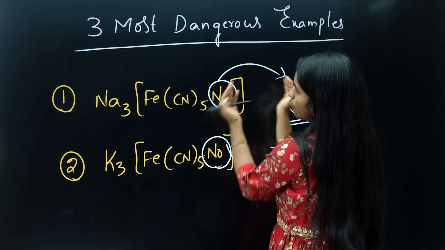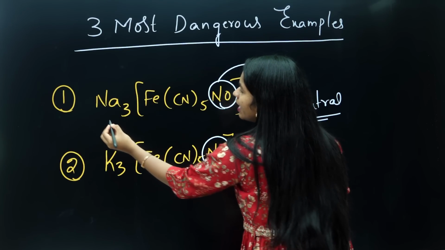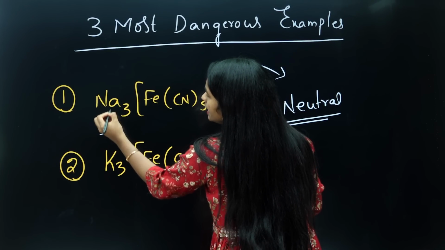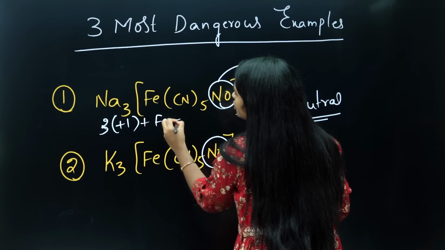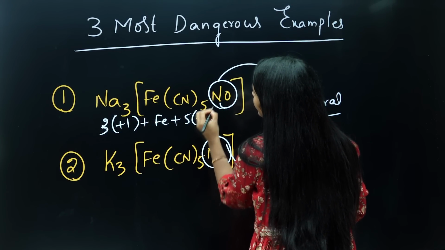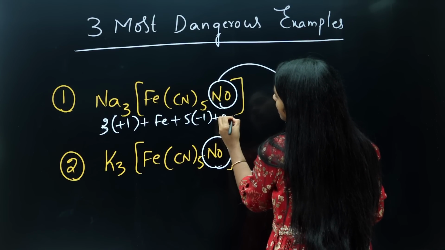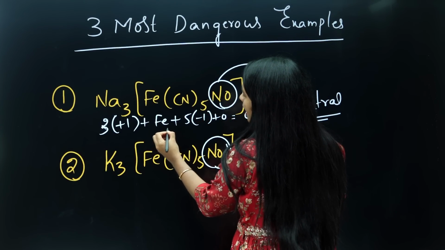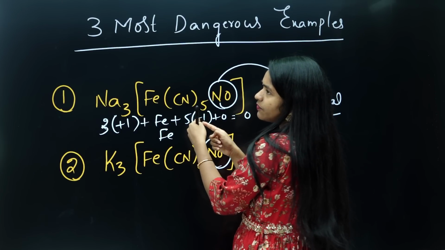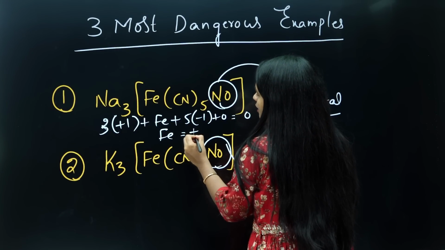NO is 0. Then find it. How will you find it? 3 into each sodium is plus 1. Each cyanide is minus 1. So total sum is equal to 0. Then Fe plus 3 minus 5 is minus 2. If it comes this side, plus 2.